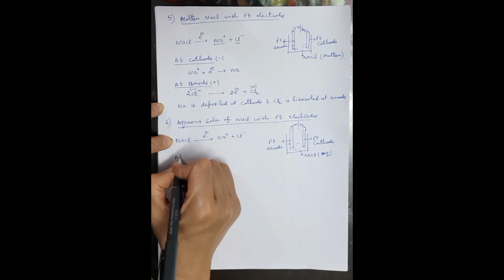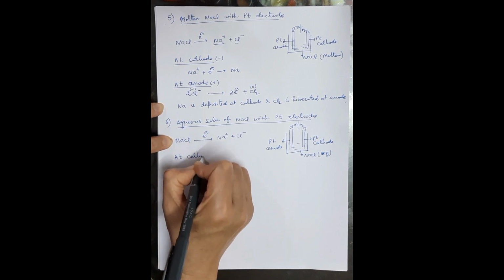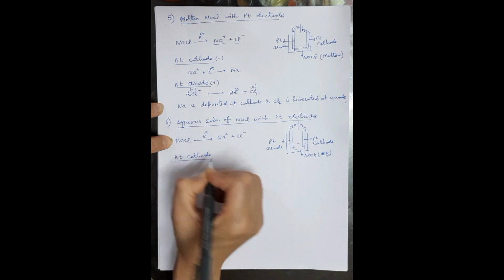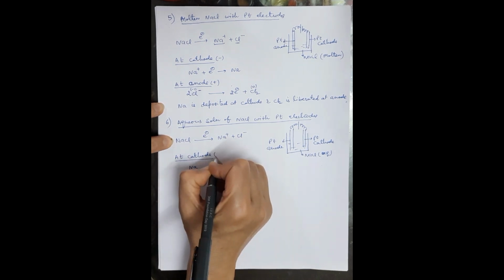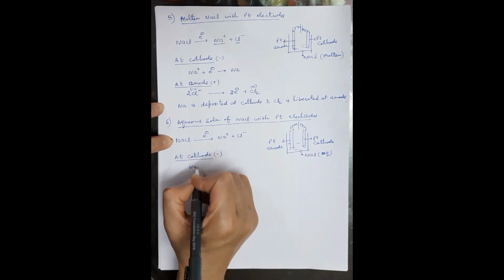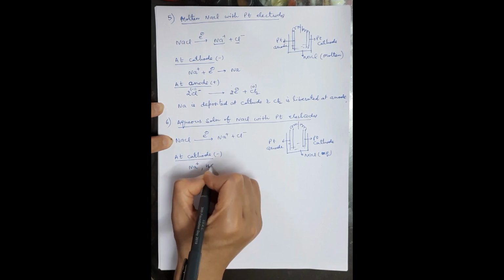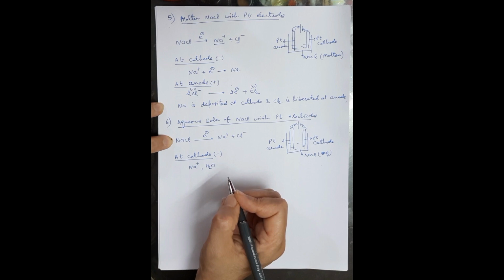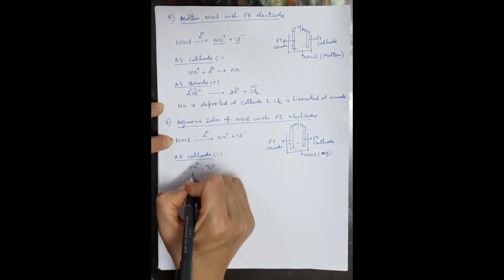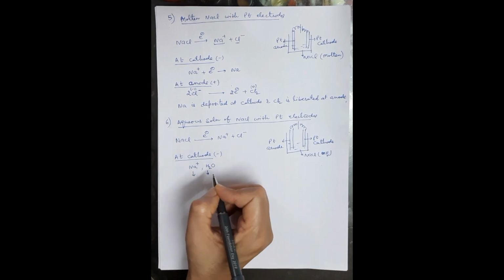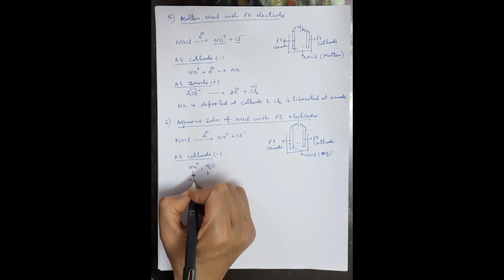So what happens at cathode? Sodium ions are positively charged, cathode is negatively charged, so sodium ions are attracted towards this along with water molecules. And you know their reduction potentials? You know the reduction potential of sodium is some negative value.